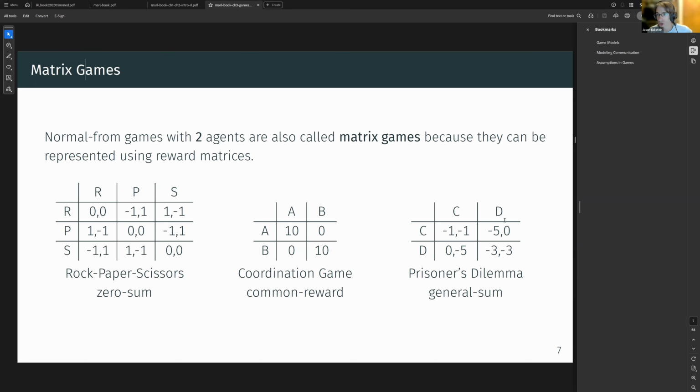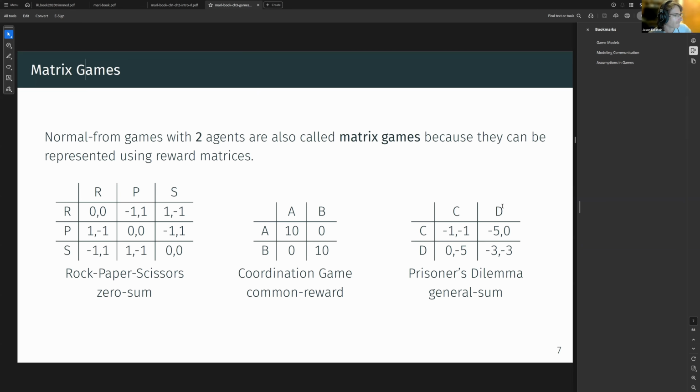And you don't necessarily know the other agent's action ahead of time. So even for a game as simple as this, there is the question of how an agent would behave given that it knows this matrix, but what it doesn't know is what the other agent is going to do. And this depends on the assumptions about if the other agent knows about your behavior, etc.